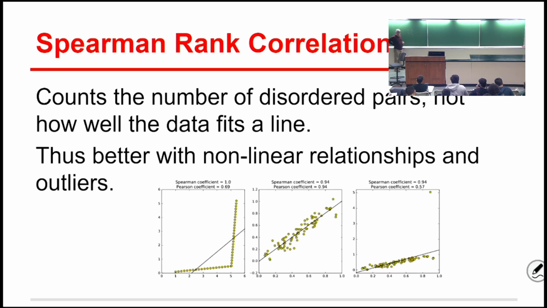You could imagine taking every pair of points and asking, for every pair of X, how often does the relationship hold for the Y's? If Y was randomly permuted, what fraction of the time would we expect the value with the larger X to have the larger Y?